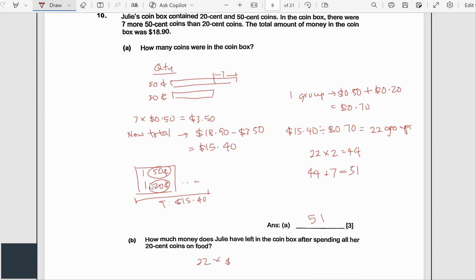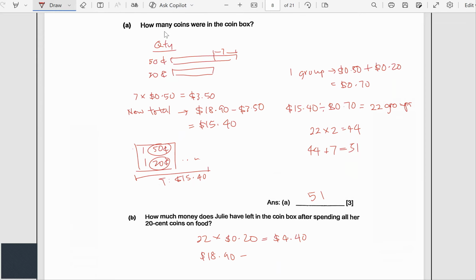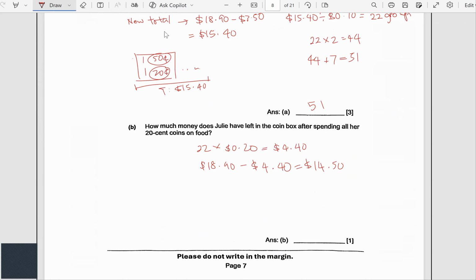If she spent all of that, means she would have spent $4.40. How much money left? She had 1890 at first. So 1890 minus what she spent, which is 440. So answer 1450.